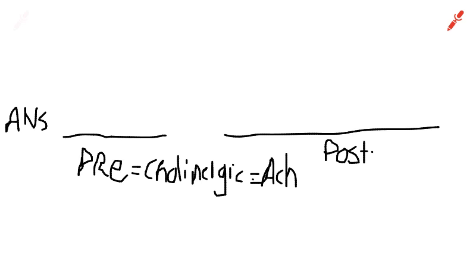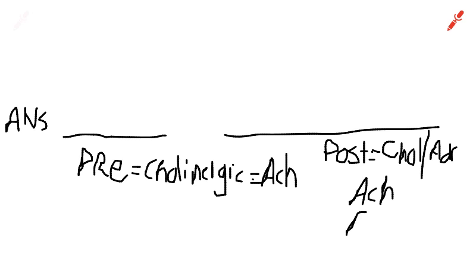Now the postganglion receptor can either be cholinergic or adrenergic, depending on what it releases. It can either release acetylcholine or it can release epinephrine or norepinephrine. If it releases acetylcholine, it has to be cholinergic. If it releases epinephrine or norepinephrine, it has to be adrenergic. And thus these can react on different receptors.